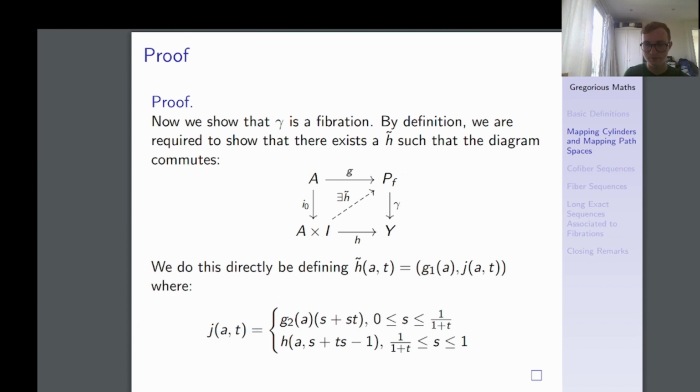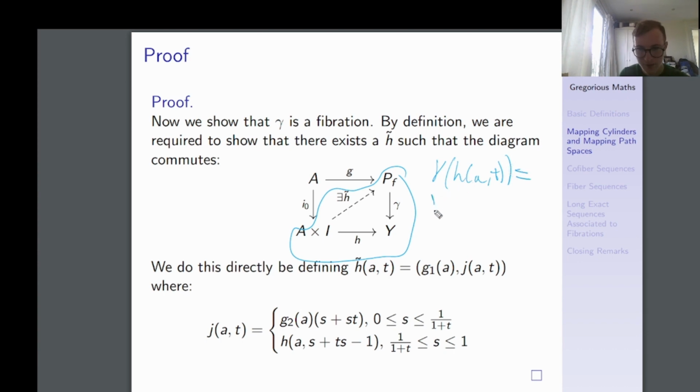Now, how about the second triangle? Let's see. Like this one. Second triangle. Here, what do we have? We have to have that gamma of H of AT is equal to. Okay, let's just see what this is equal to.